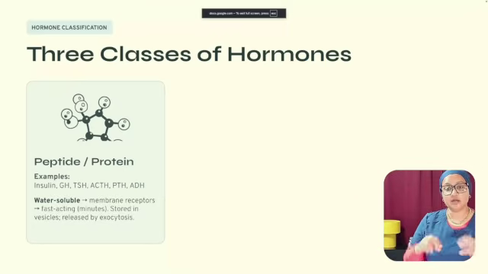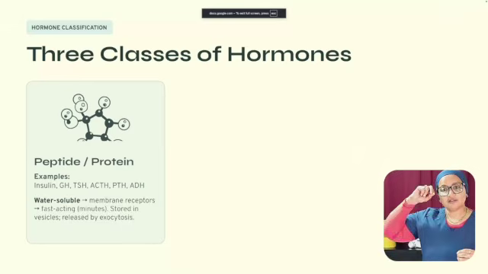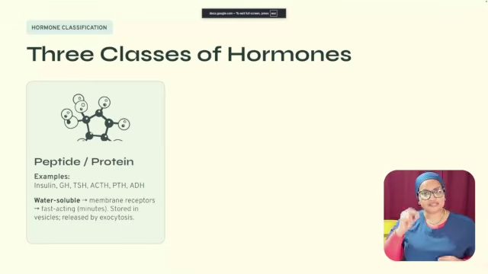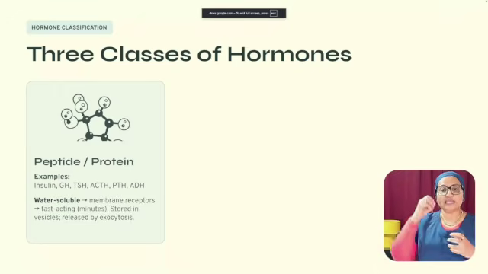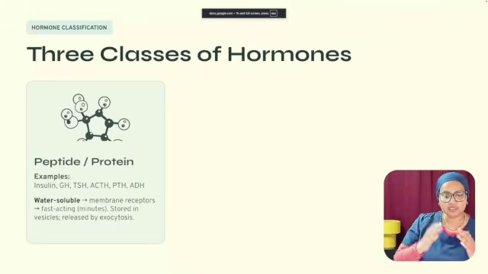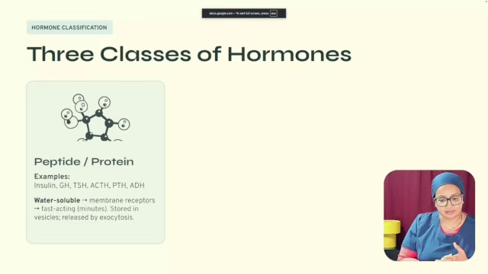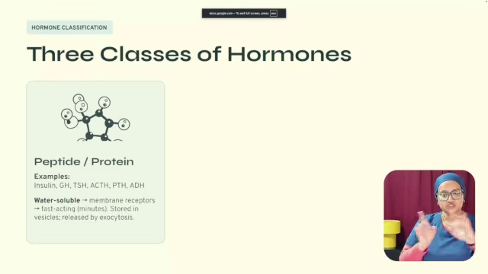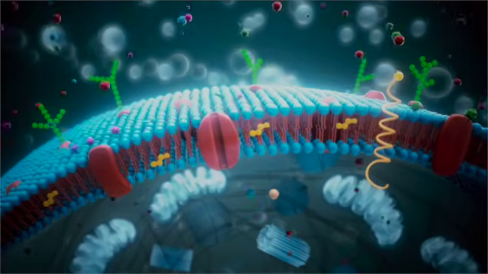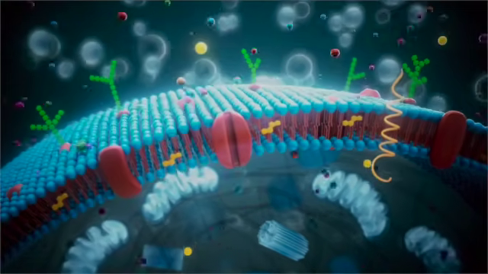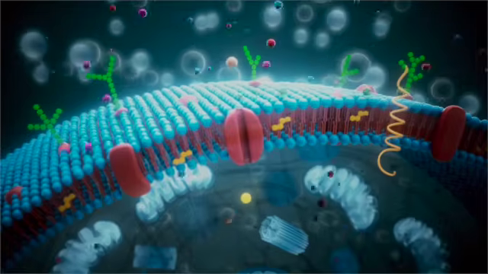The second part about being water soluble is this chemical messenger needs to exert its effect on a cell. And being water soluble means it cannot cross the lipid bilayer. It needs either a channel or a receptor, or a carrier protein to cross the lipid bilayer.